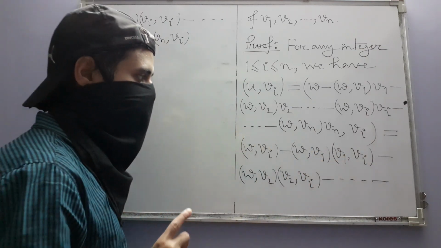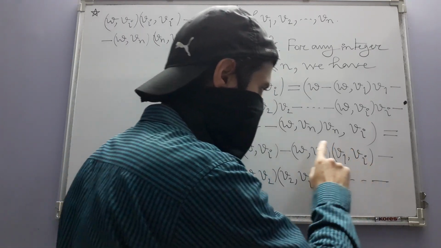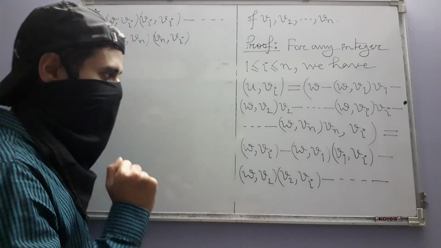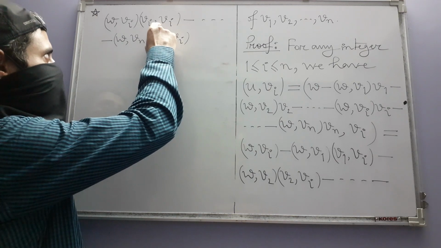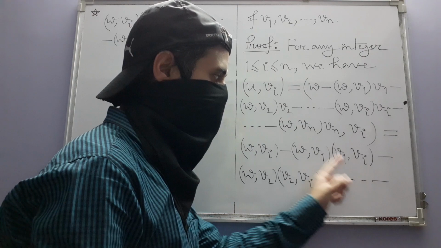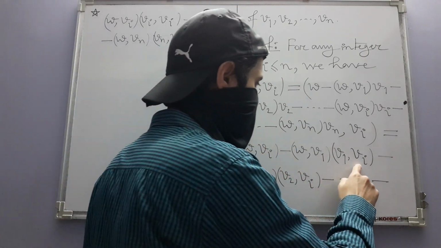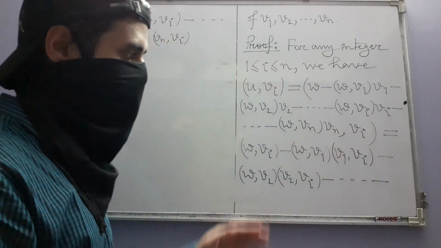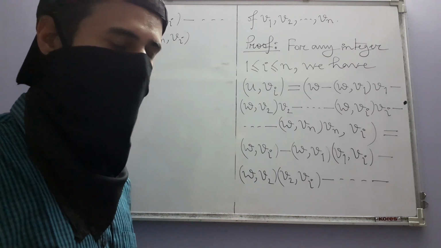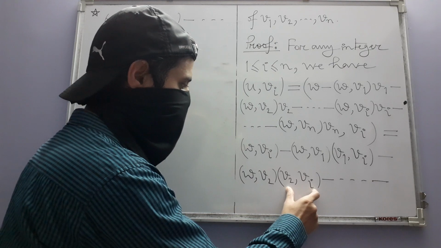So using the fact that the vi's form an orthonormal set, these inner products will all have value 0 except this one which has value 1. That is because if i is not equal to 1, then this has to be 0, because v1 and vi being different vectors from that orthonormal set are orthogonal to each other. Similarly, this is going to be 0.